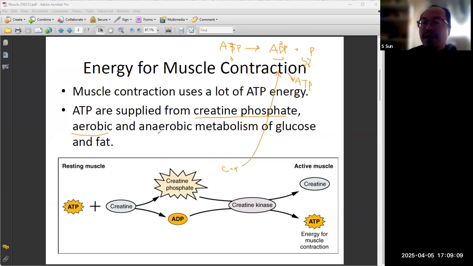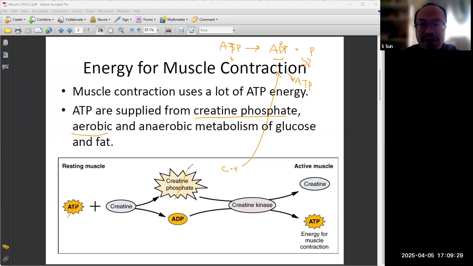And that's why when you start to exercise, before your blood gets the oxygen, before your heart pumps faster, stronger, your muscle will use ATP quickly, and then start to use creatine phosphate very quickly.